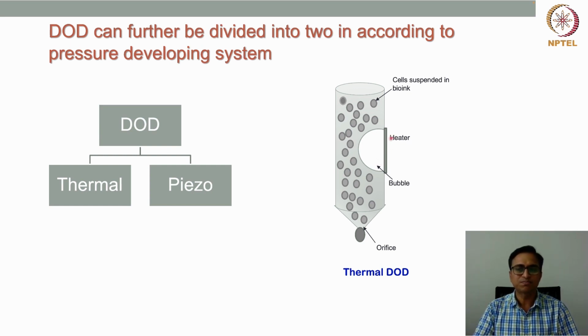Due to this bubble production, a pressure pulse is created within the liquid column, and due to this pressure pulse, the droplet will be produced. Because when the bubble is growing, the increasing volume creates pressure on this liquid chamber, and then a droplet will be produced.